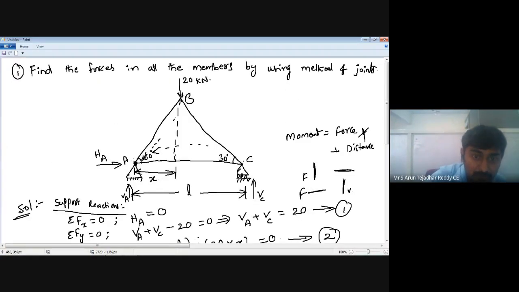Next, find the distance AB. After finding it, we can easily get the x distance value.